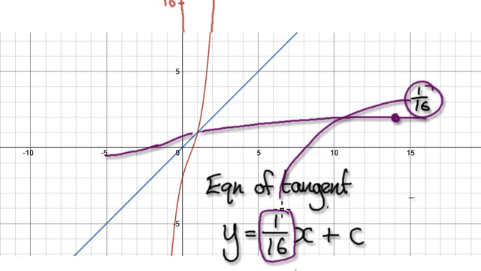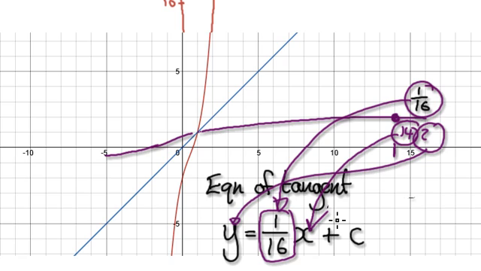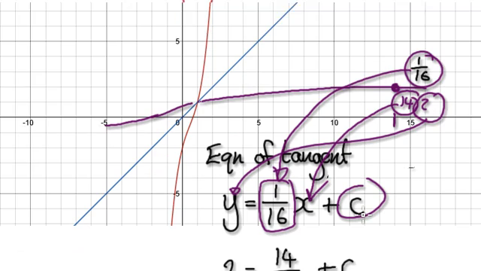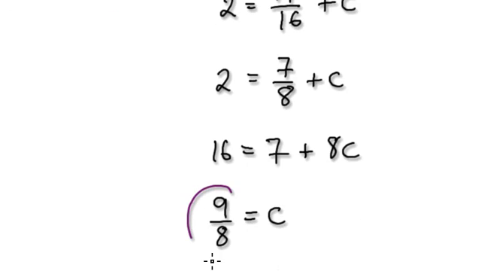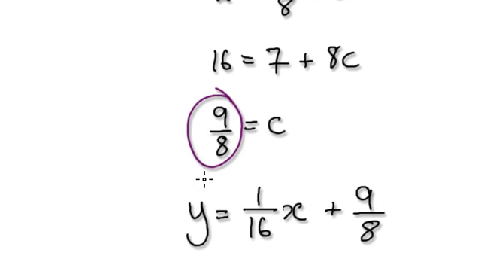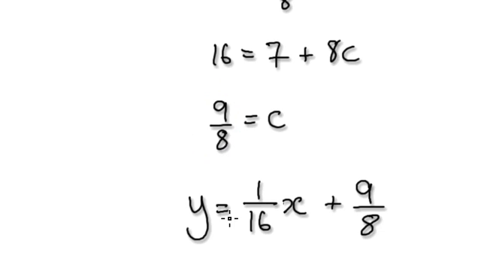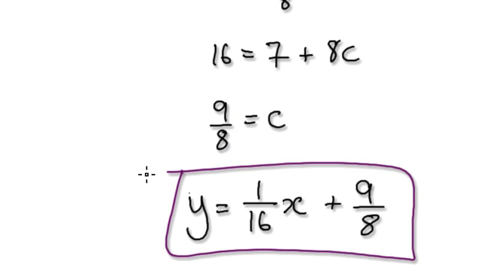Put it in, and you know it crosses at 14, 2. So put the 14 into the x and the 2 into the y to work out your c. C turns out to be this. Therefore, the equation of the tangent line is given by this.